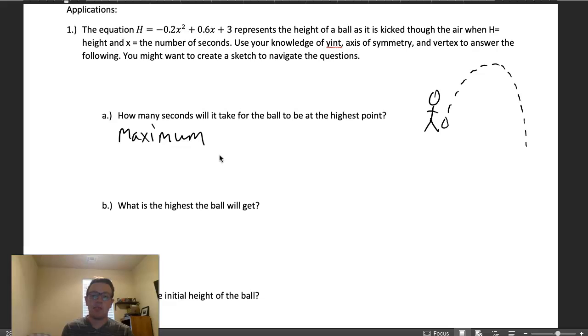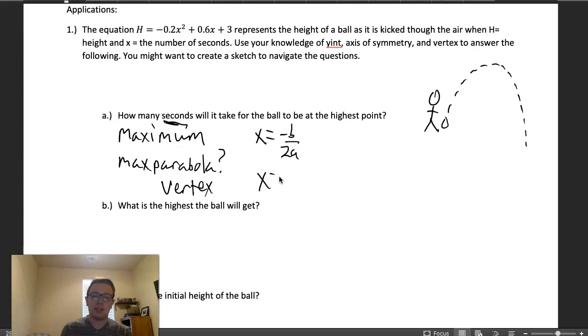How do we find the maximum of a parabola? That's going to be the vertex. And since we're looking for the time, that was our x value. So we say that our time, x, is going to be equal to minus b over 2a.